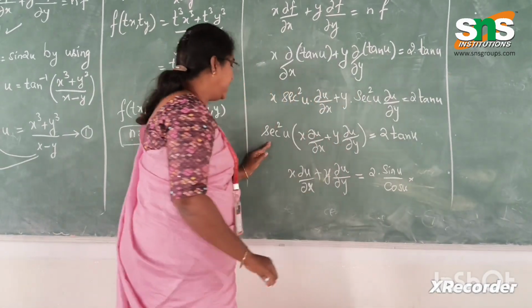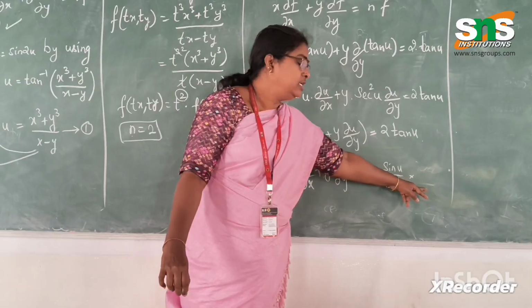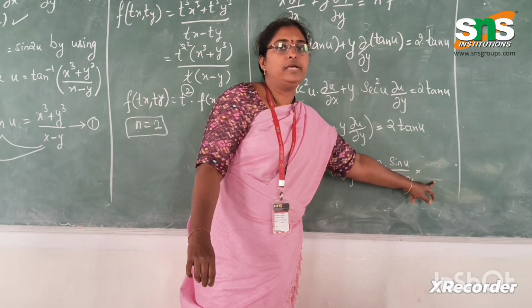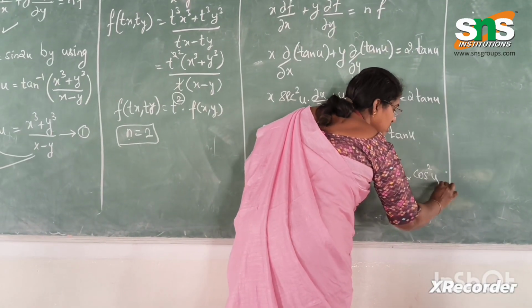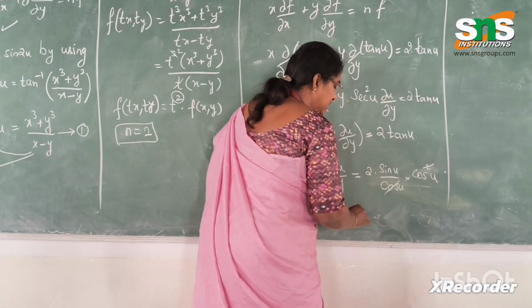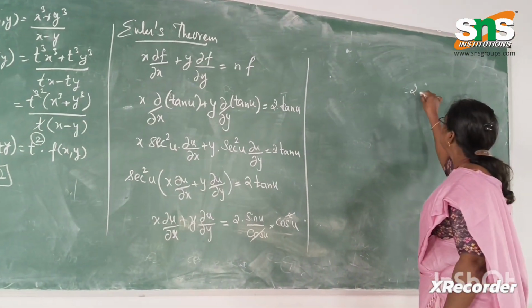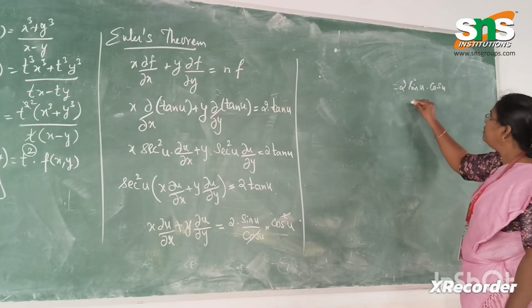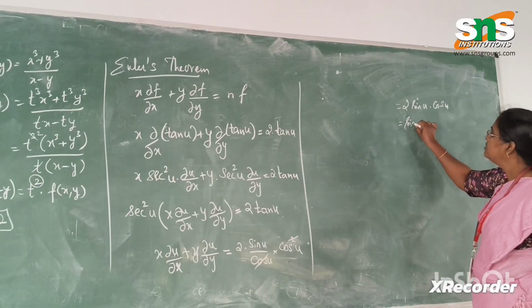Taking secant squared u to the denominator, 1 by secant square is cos square u. One cos cancels, and the right side becomes 2 sin u into cos u, which is nothing but sin 2u.